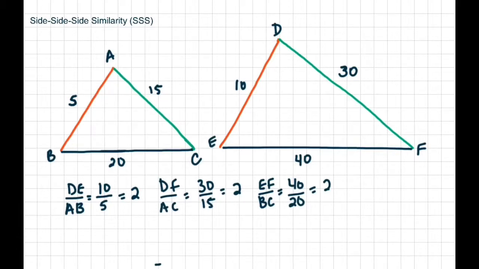So I can see that from ABC to DEF the triangles grew by a scale factor of 2. So that's the similarity between them. And this has to work for at least 2 of the sides. If I can prove 2 of the corresponding sides on each triangle are proportional to each other, then we can assume that the third side is also going to be proportional as well.